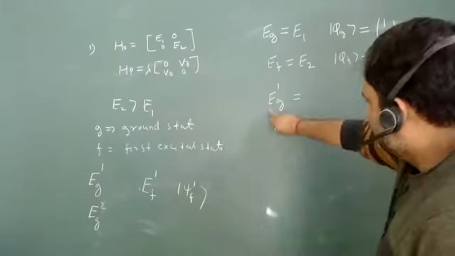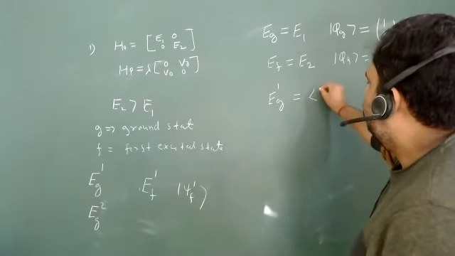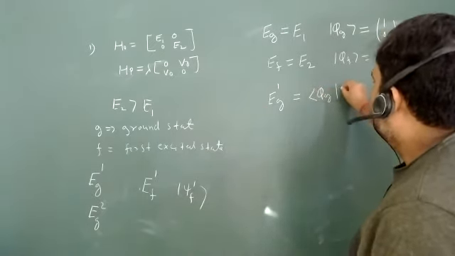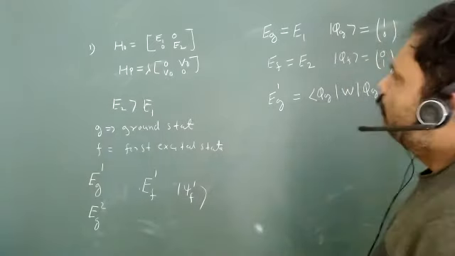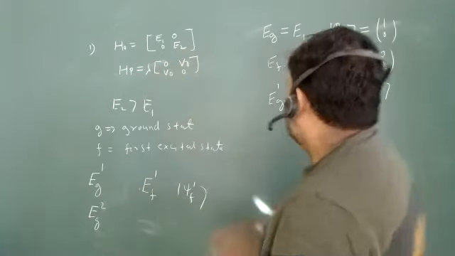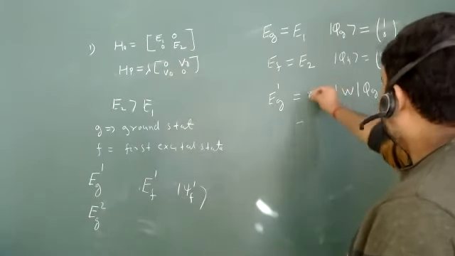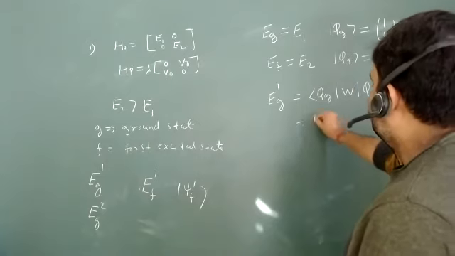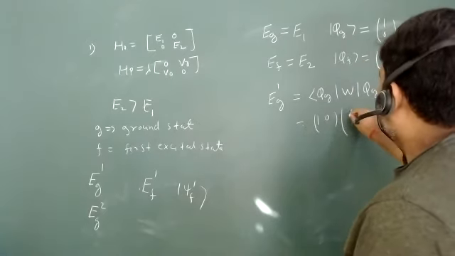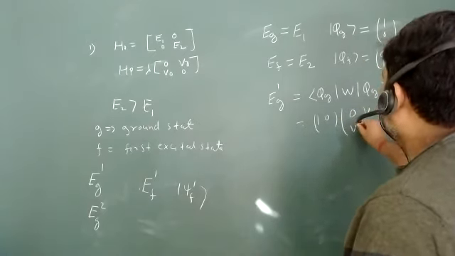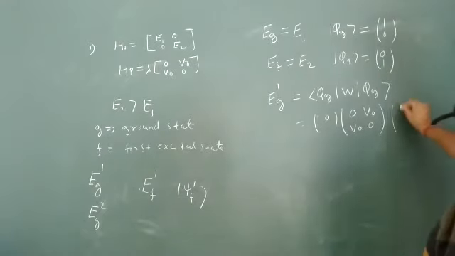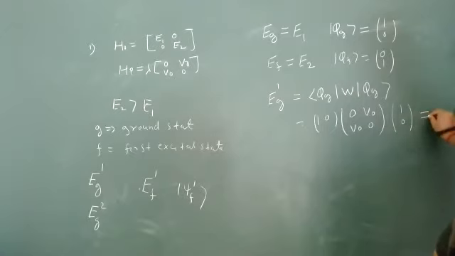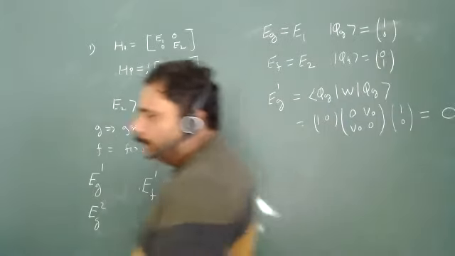If it is easy, then we have to take phi G, W, phi G. Okay, what is W here? W is this matrix. So you can put phi G is equal to 1, 0. W is equal to 0, V0, V0, 0. And this is 1, 0. What is this value? You will see this value is 0. देख लो, कैलकुलेट करके 0 आ रहा है.